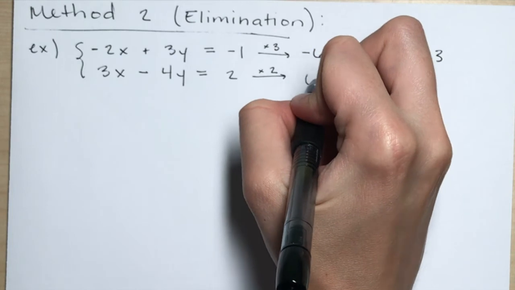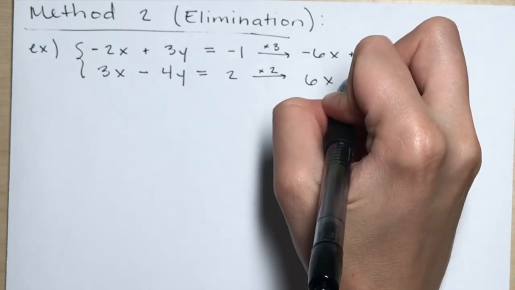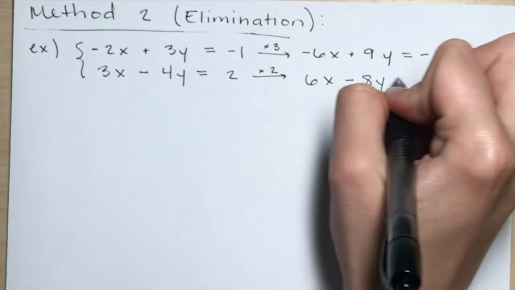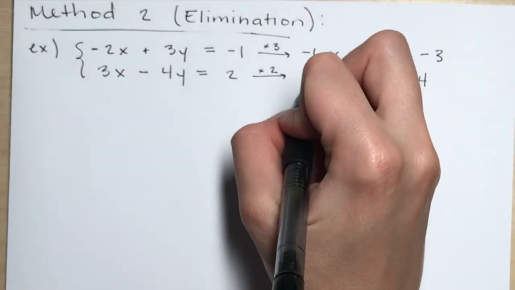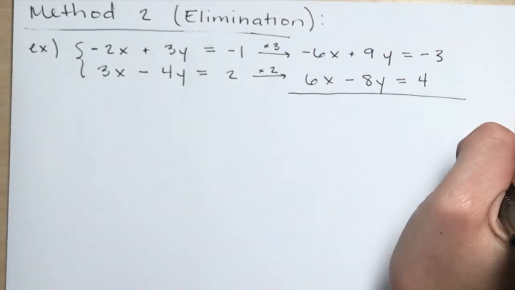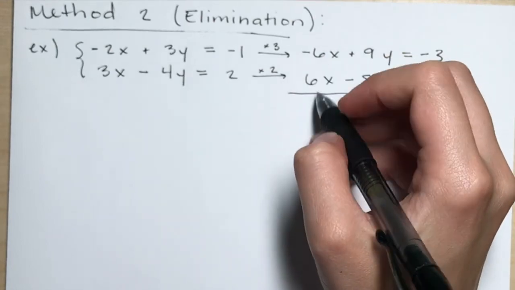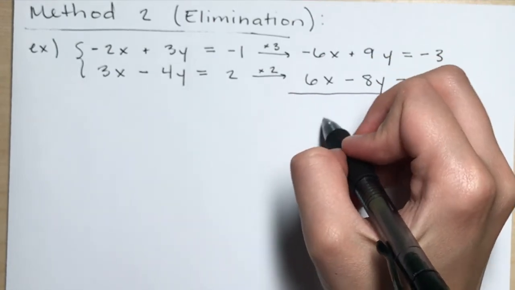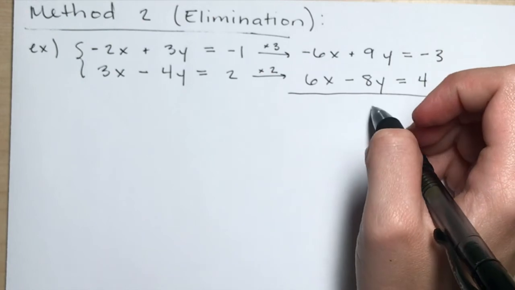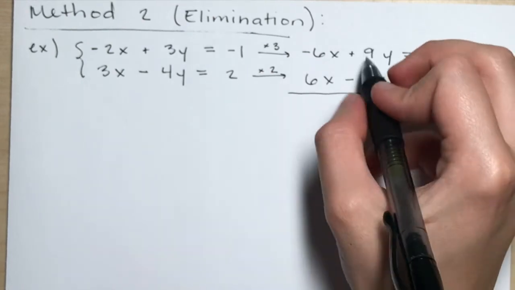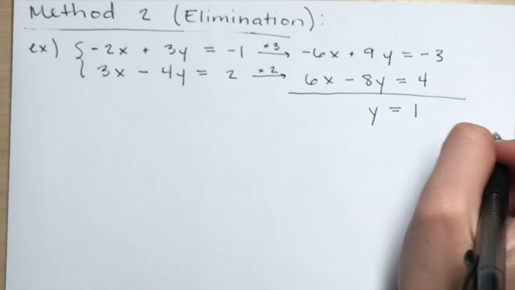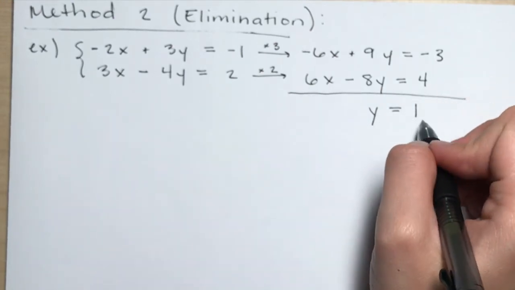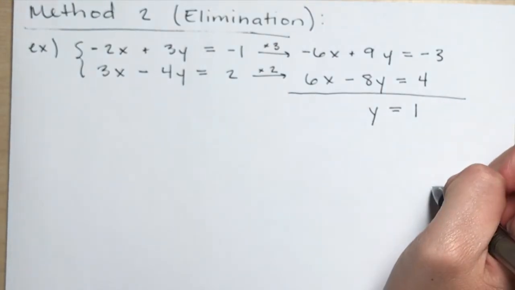So I have 6x minus 8y equals 4. We add these guys up. We add through this column, we get nothing. We add through this column, we get 1y. And we add here and we get 1. This is pretty simple. We just got y equals 1.